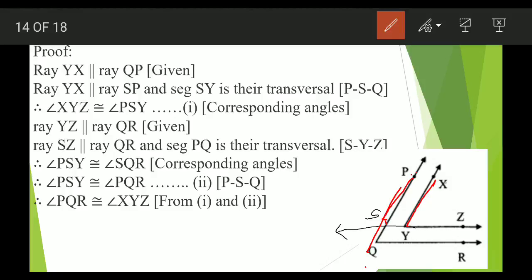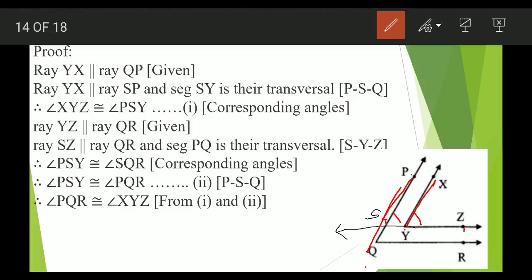Therefore angle XYZ is congruent to angle PSY. Both angles are congruent because they are corresponding angles.